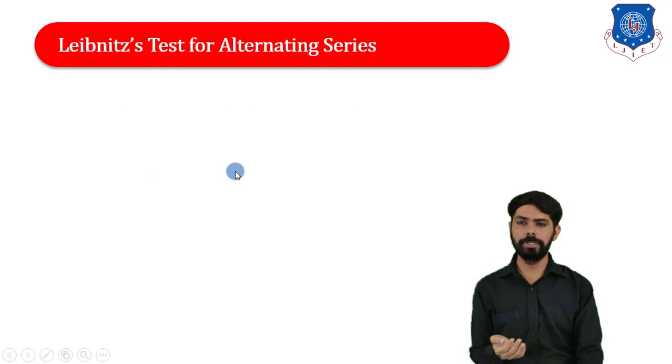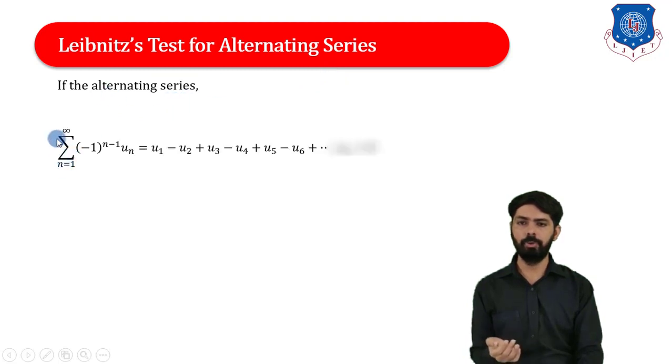Now we will discuss Leibniz test for alternating series. So if the alternating series sigma n equal to 1 to infinite (minus 1) raised to n minus 1 u_n is equal to u1 minus u2 plus u3 minus u4 plus u5 minus u6 plus so on satisfies the following conditions.